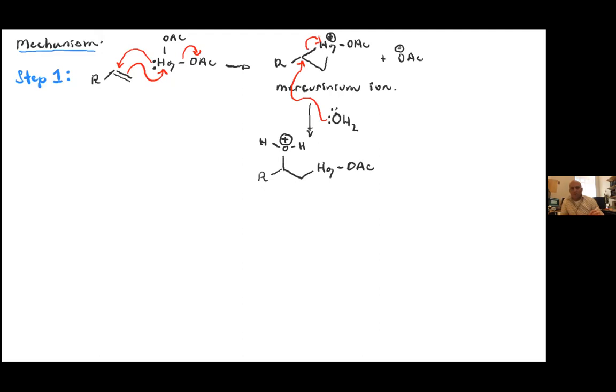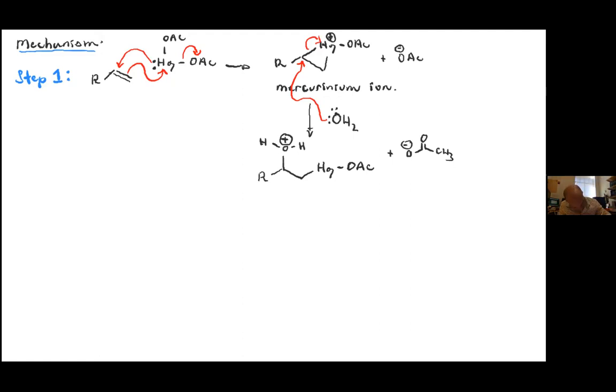And I still have acetate in solution. Okay. And the final step then involves an acid-base reaction where I transfer that proton on the oxygen in the product to acetate.